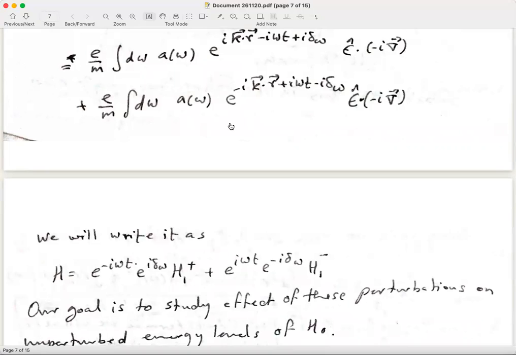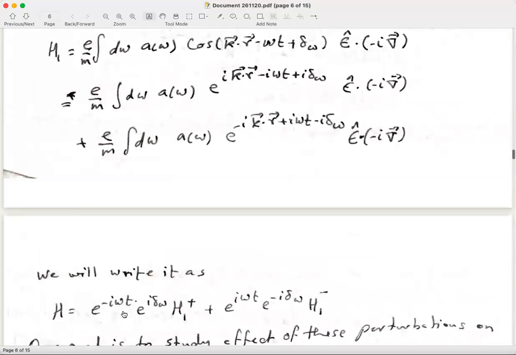These are all pieces which are time independent, but the total Hamiltonian is actually time dependent because you have e to the i omega t or e to the minus i omega t sitting around. And the reason why we have pulled e to the i delta omega out is because delta omega also has a weak time dependence, much weaker than e to the i omega t, but nevertheless it is there.